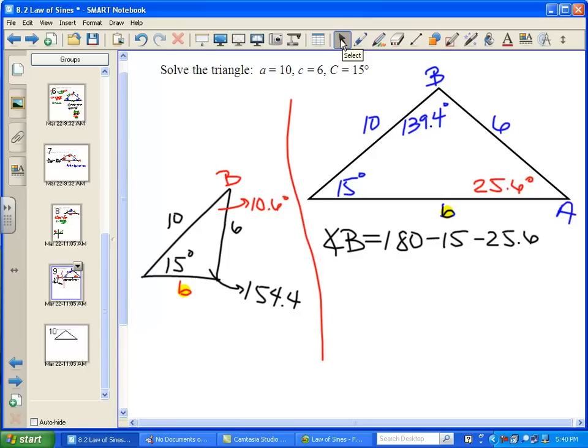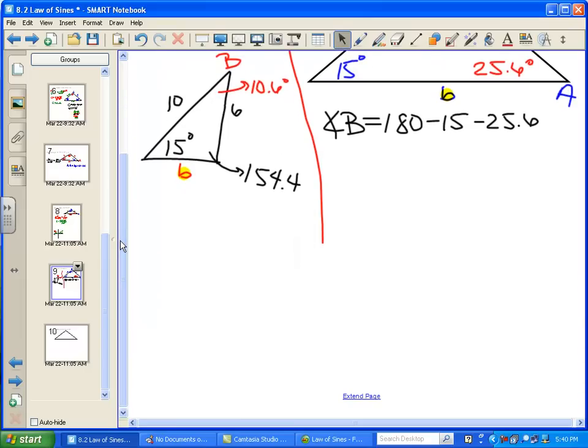So I'm just going to pick one of these triangles and set up the solution for side B. Let's go with this second triangle that I found. To solve side B, it's going to be B over the sine of 10.6 degrees is equal to, we'll just pick 6 over the sine of 15.